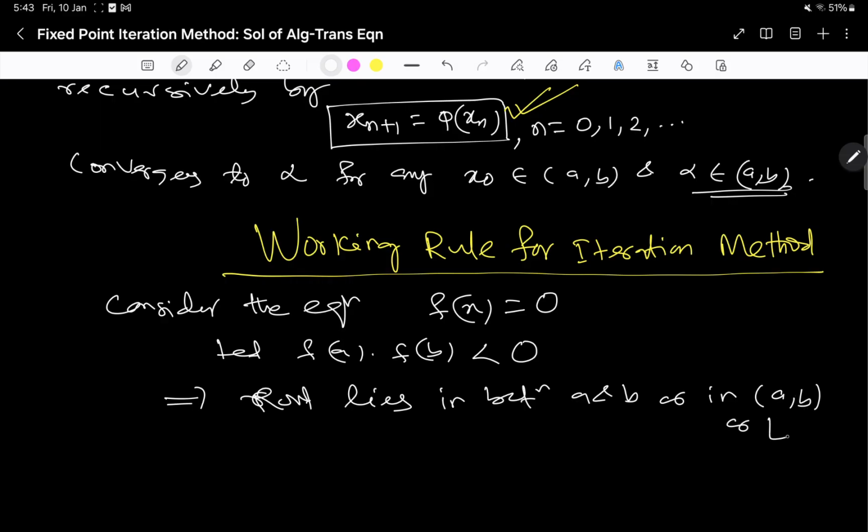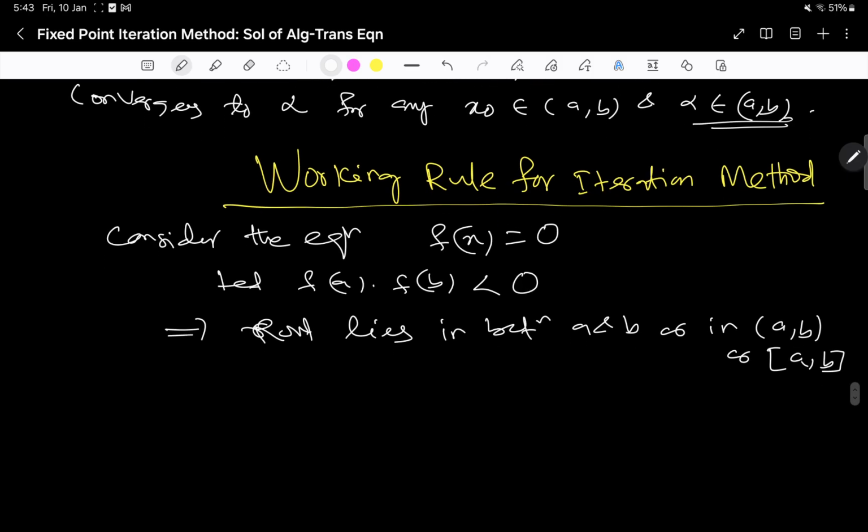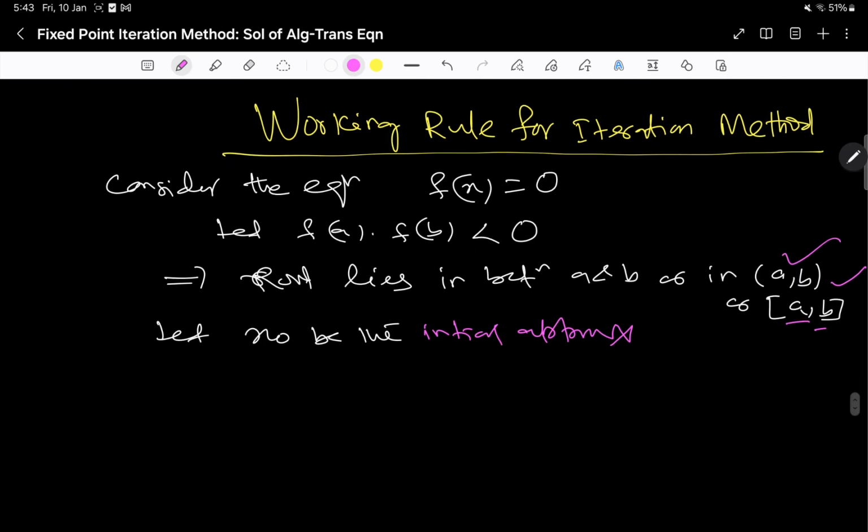The interval may be open or closed. Looking into this situation, the root lies between these. So for the initial approximation, let x0 be the initial approximation. This x0 is a point, maybe the endpoint, maybe any point in between.